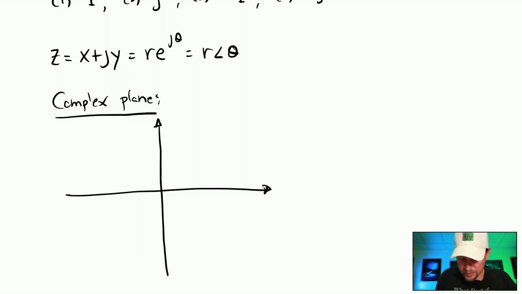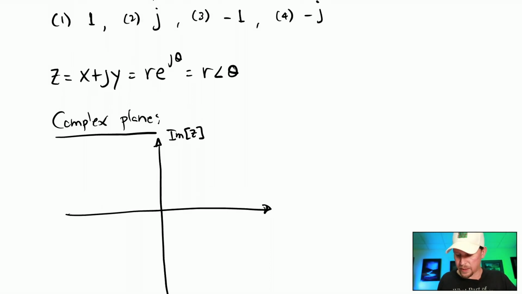the vertical axis is the imaginary axis of our complex number z, while the horizontal axis is the real part. Notice that for the very first number, and I'll do this in red, number 1, this is already in Cartesian form, right?